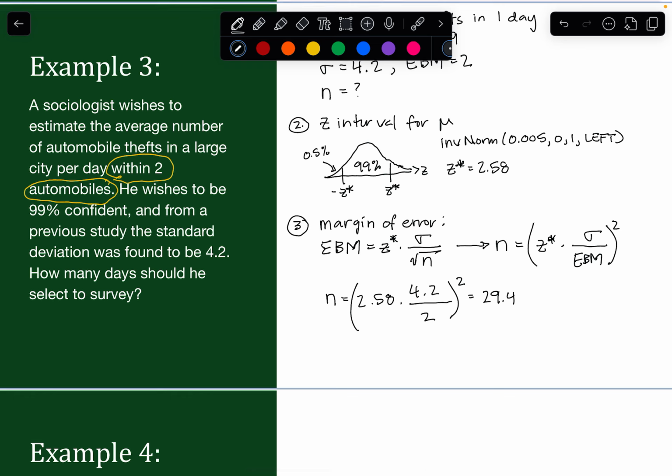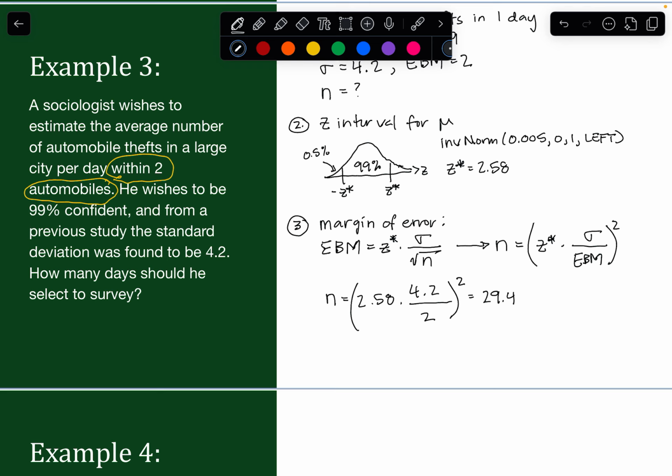And I can't sample 29.4 days, or 29.4 people, or 29.4 cogs in a machine. I want my sample size to be a whole number. And generally, to guarantee that we have at least within 2%, if not closer, we want our sample size to be bigger rather than smaller.